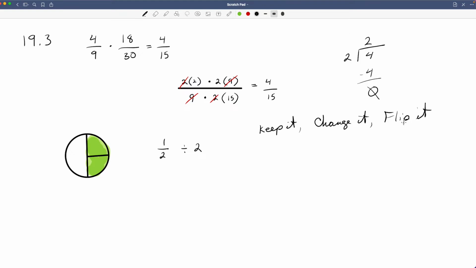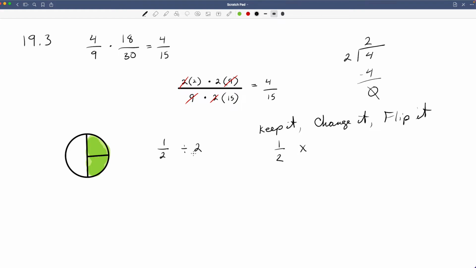I'm going to let you see what those things mean. So what we're going to do first is we're going to keep the same fraction. All right, keep it. Change it means we change the operation from division to multiplication. And flip it means we're going to use the inverse fraction.